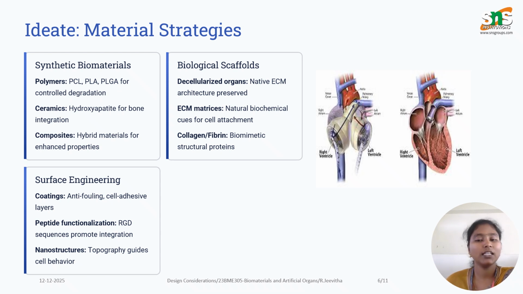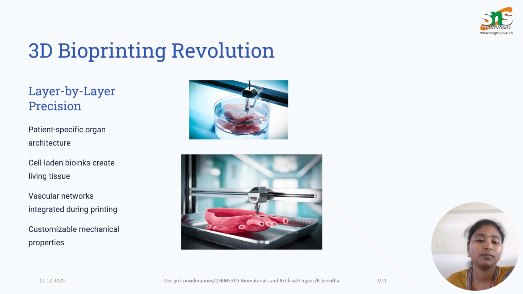The second category is biological scaffolds, which are specially prepared natural tissues where all the cells are removed but the natural structural framework remains. And then the third category is surface engineering. We can modify the surface by adding coatings, peptides like RGD or nanoscale structures to improve cell adhesion, prevent infection, and reduce blood clotting. Choosing the right material strategy is a major part of artificial organ design.